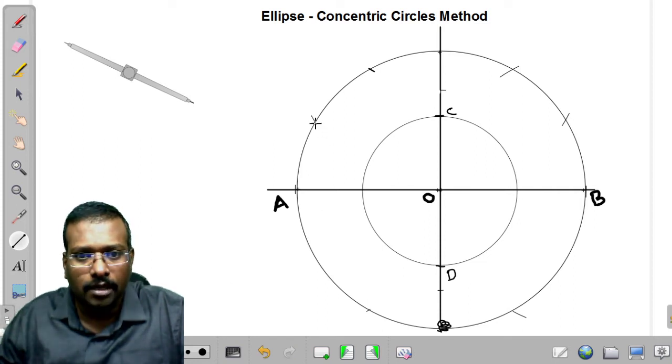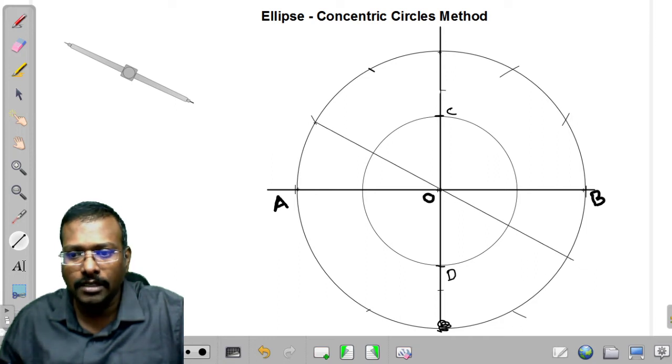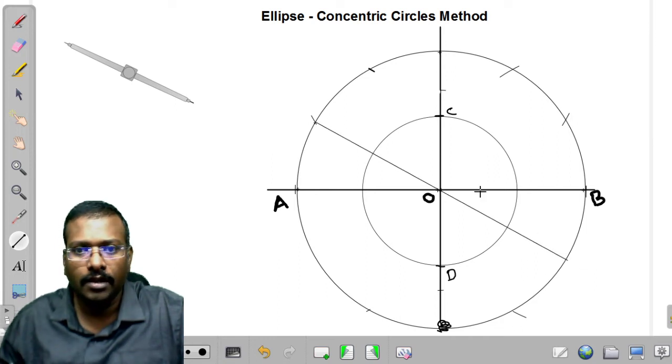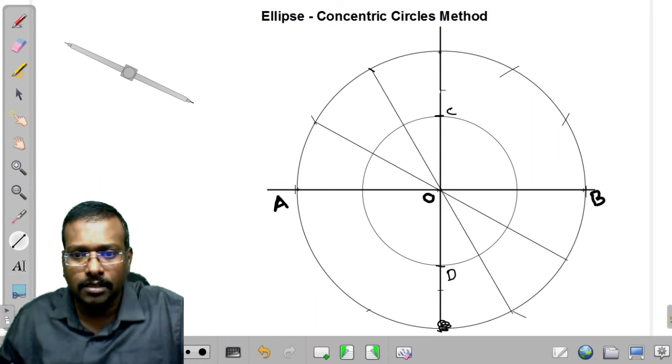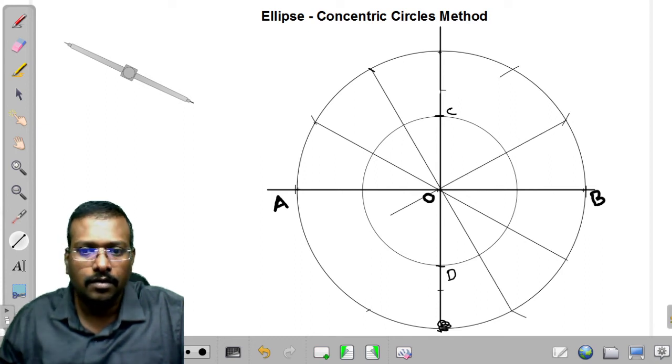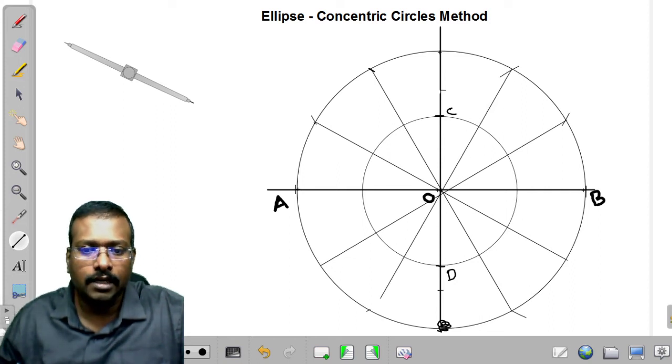Join the point on the circle with the center and extend it. This is one. This is the another. Now wherever they intersect the circle, give the names.